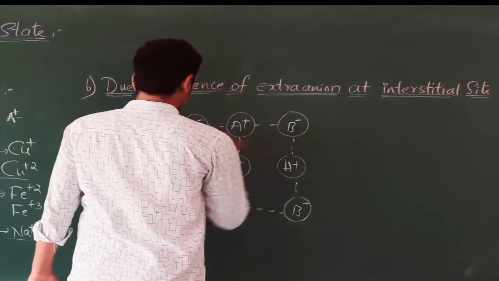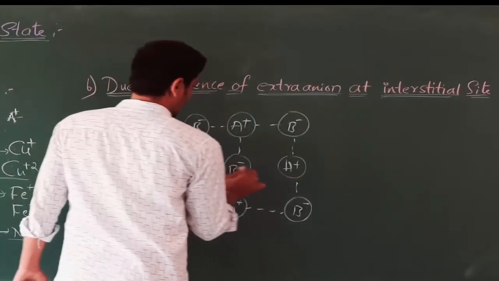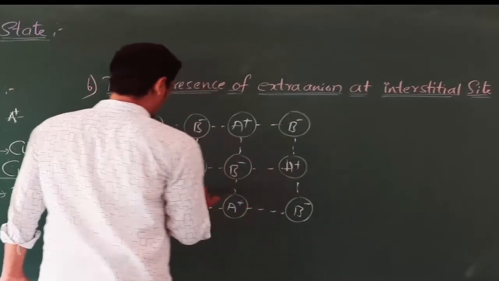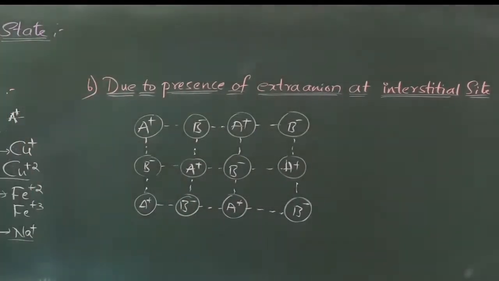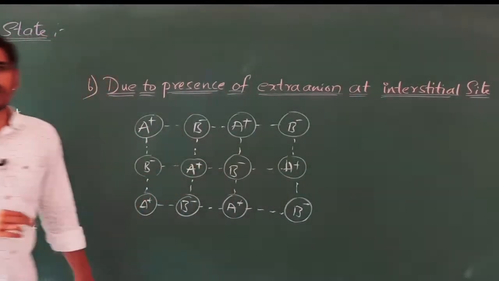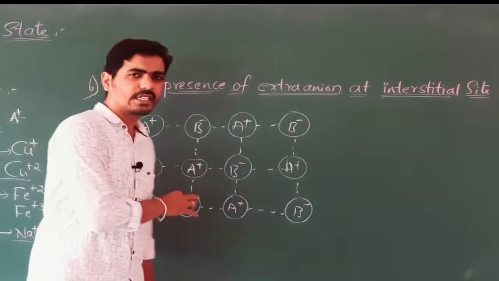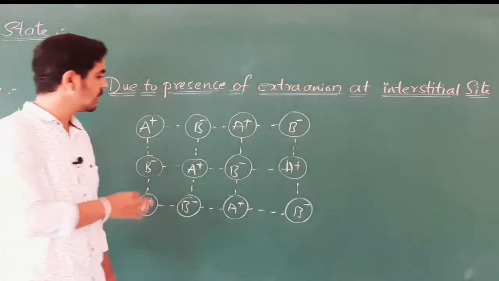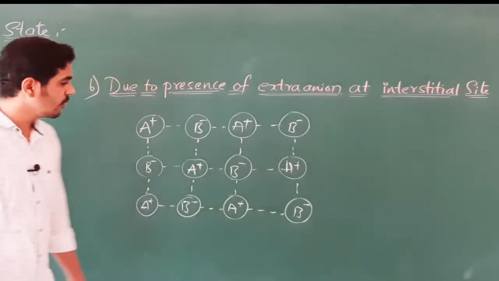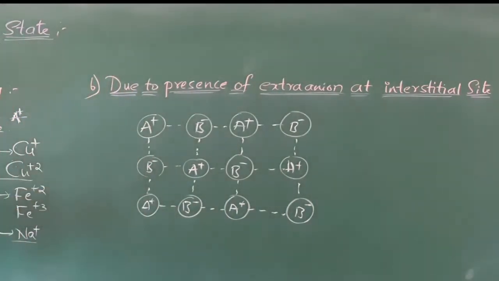So this is the crystal lattice, and again it is an ideal crystal, okay, because all the atoms or ions are regularly arranged, no deviation or irregularity is found in this crystal, hence it is an ideal crystal.